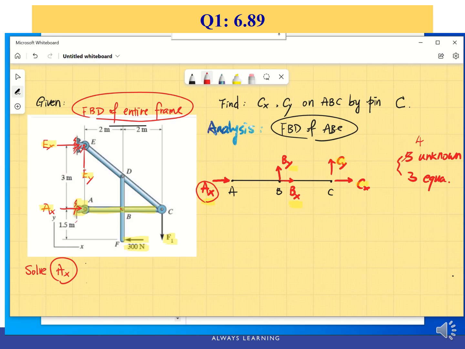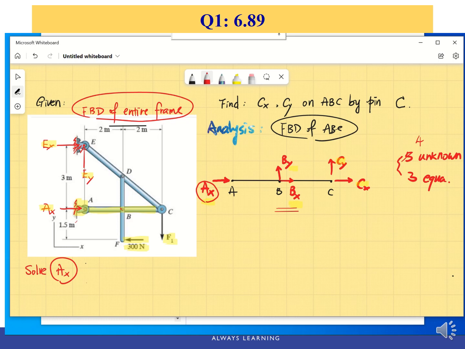So the other pair we can take a look at will be the forces applied at pin B, BX and BY. If we can solve one of those, BX or BY, from another free body diagram, then we can solve the rest of the 3 forces.